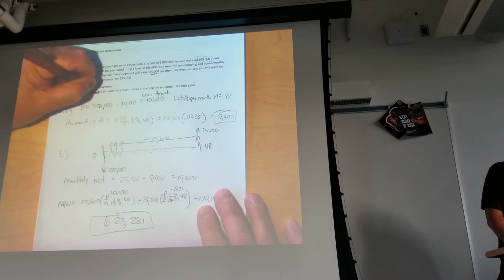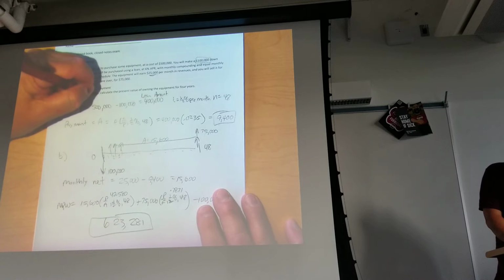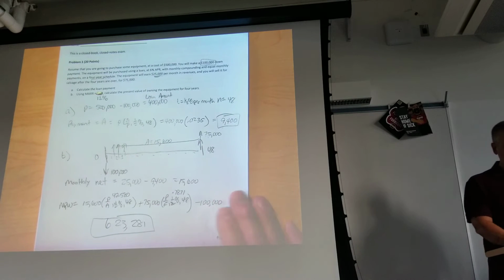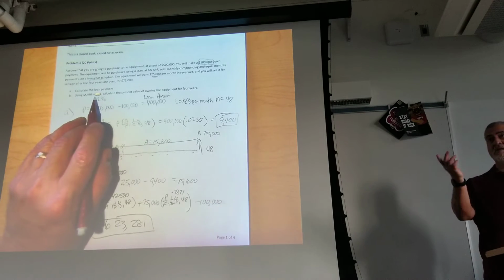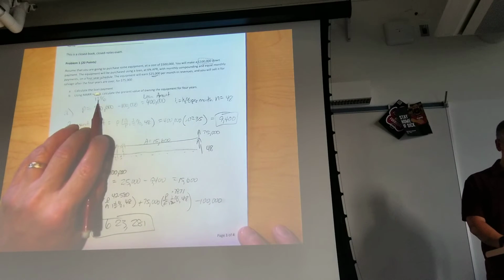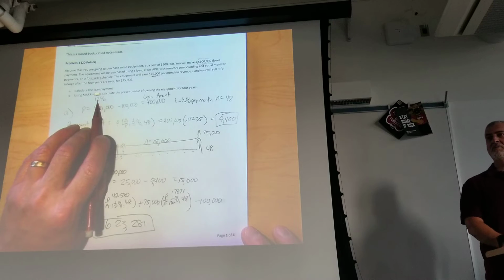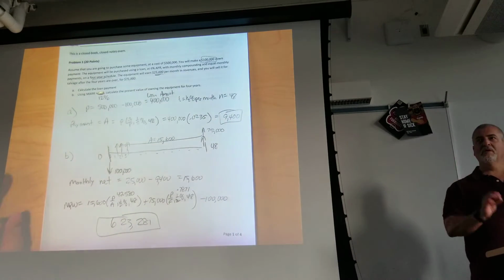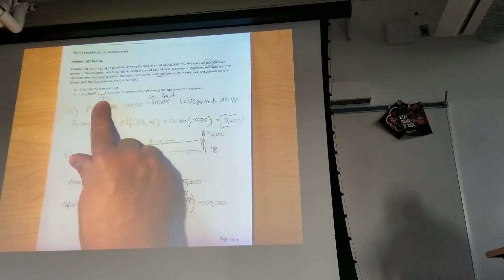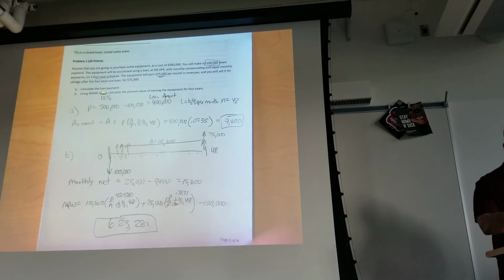I mean, you're welcome to use the formulas, but in the interest of time, you probably want to use the tables unless you really like the formulas. Okay, so I'm going to change that, and we're going to use 12. And on the test, if I give you a monthly interest rate, I promise it'll be divisible by 12. So there won't be any weird interest rate on there. Okay, so thank you for pointing that out.